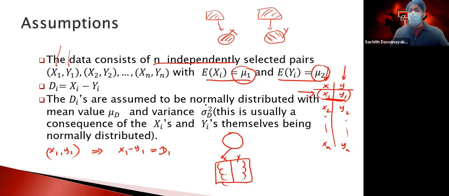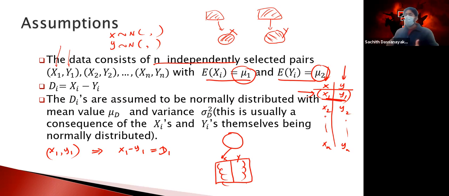The di's are assumed to be normally distributed. As I mentioned, if my x is normally distributed with some mean and variance, and my y's are normally distributed with some mean and variance, then, if you remember, I told you the summation x plus y also has a normal distribution.